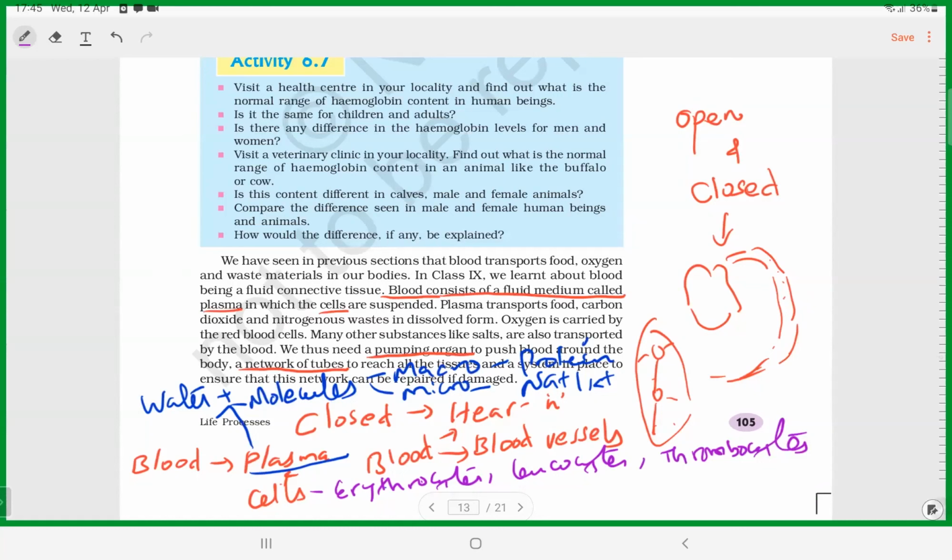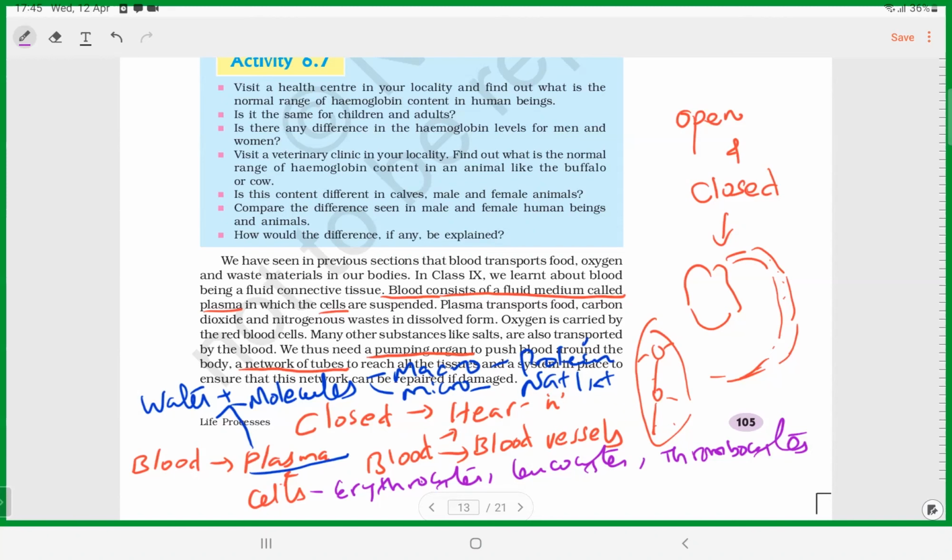Now, is it clear what blood is? Why is it called connective tissue? Blood is a fluid because, as I said, it is plasma with molecules. Why is it called connective? Because it flows all over the body and supplies food to every type of cell present in the body.